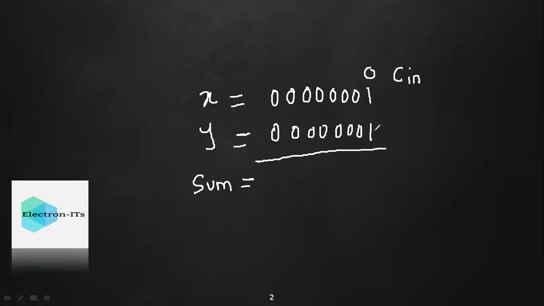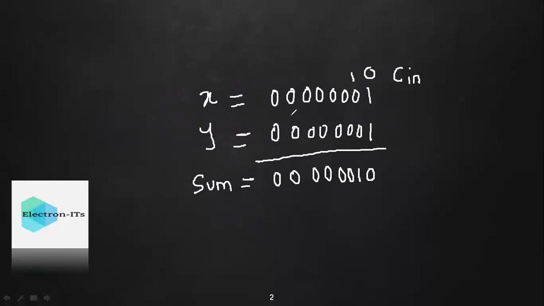So 1 plus 1 is 0, carry 1. So it will generate the carry as 1. Then 1 plus 0 is 1, and all the remaining bits will remain 0. So total 8 bits are there in sum.